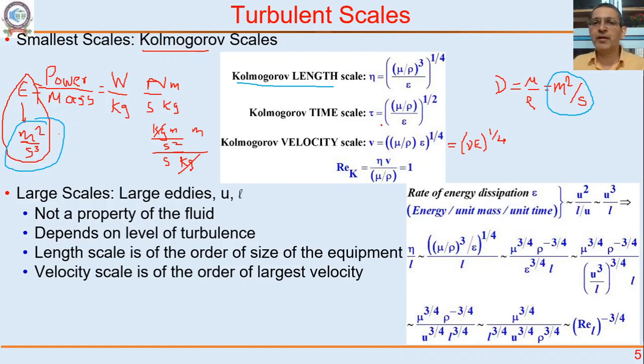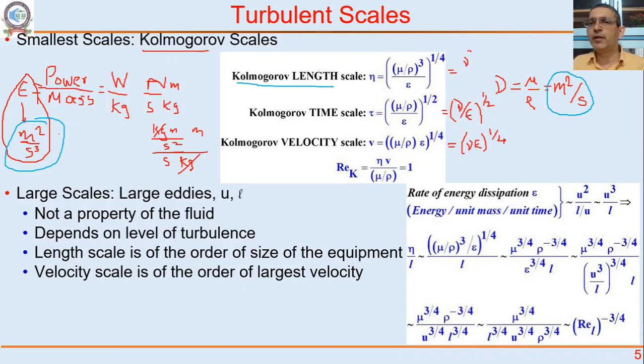Take the square root of that and we get a time scale: nu by epsilon, whole thing raised to half. And if you take nu cube by epsilon, we get a length scale.